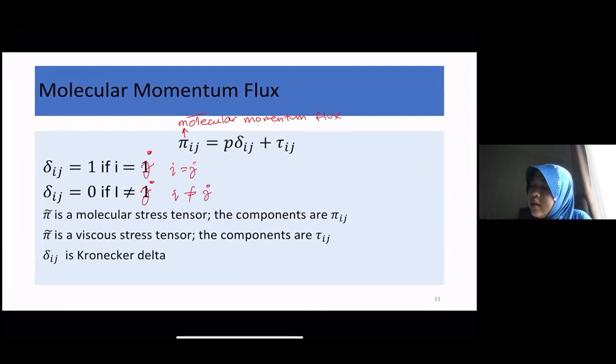Sorry, there's a correction there: it equals 1 if i equals j, and 0 if i is not equal to j. So this is the pressure multiplied by the Kronecker delta. If i equals j, which means the pressure is perpendicular to the area, then you get the value P. While the Kronecker delta equals 0 if i is not equal to j, so if it's not perpendicular, then the P term is equal to 0. So this tells you about the pressure.